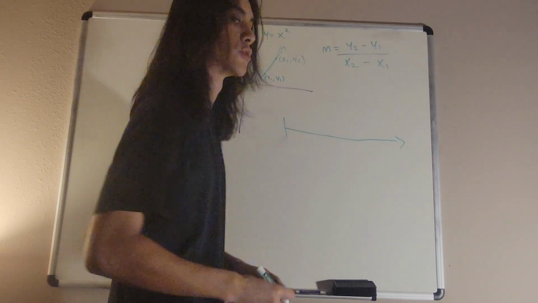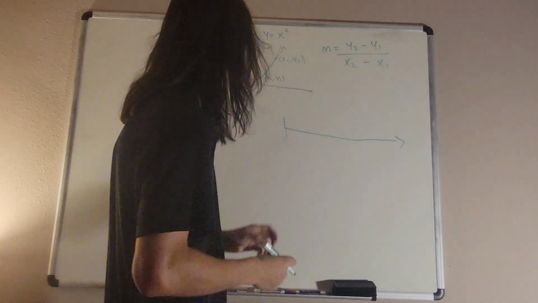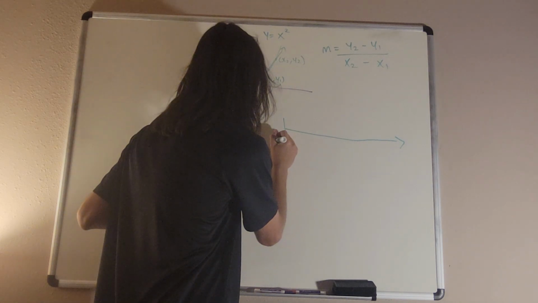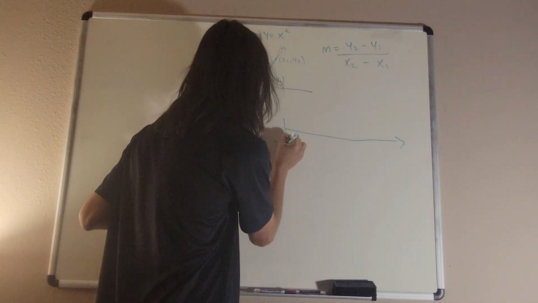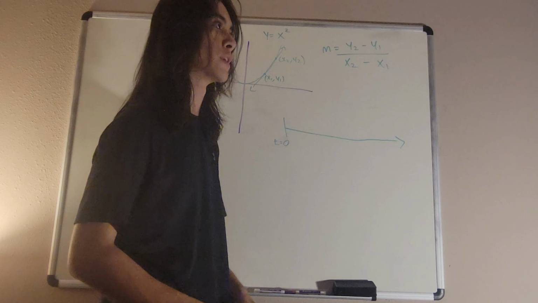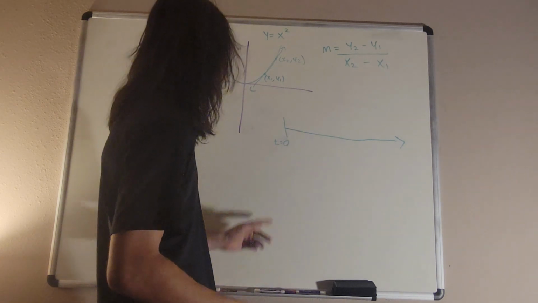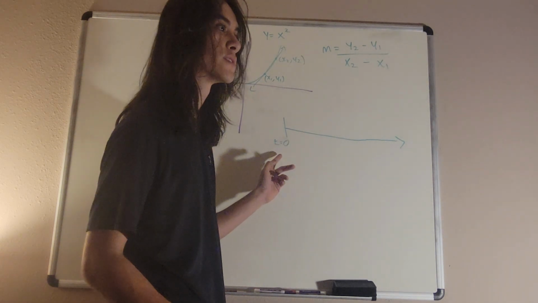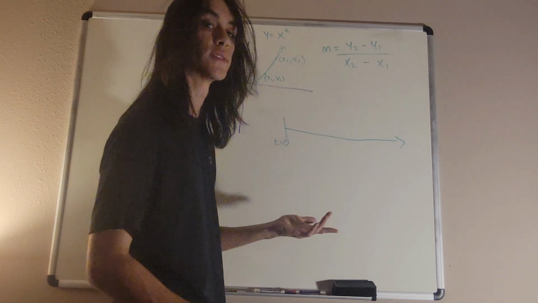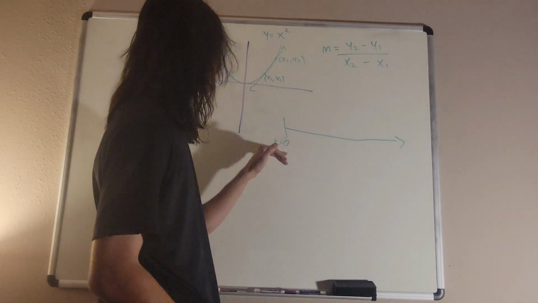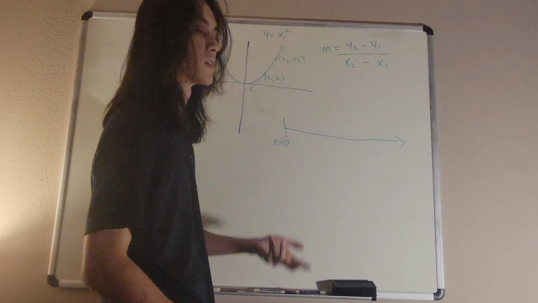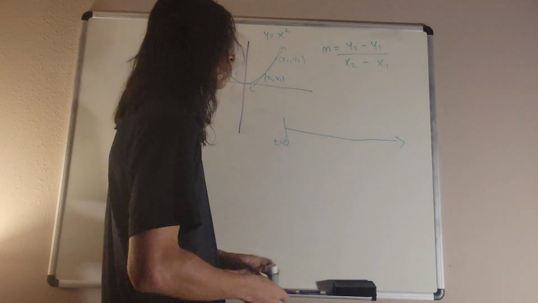So say we were driving a car, and we were trying to look at the distance. So say we were going 60 miles per hour. So our distance, the y-axis, is going to be our distance, and the x-axis, we're just going to call it the time axis, is going to be our time.